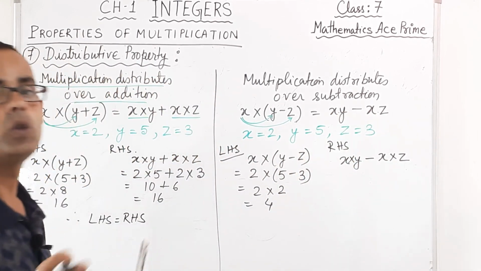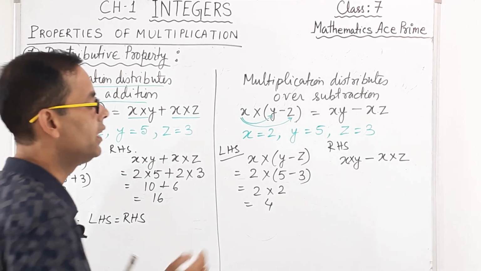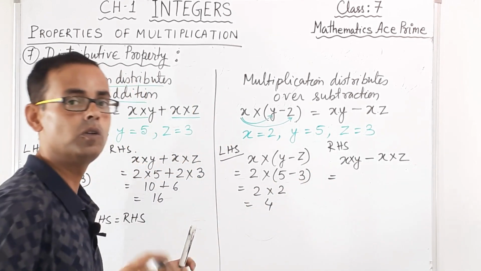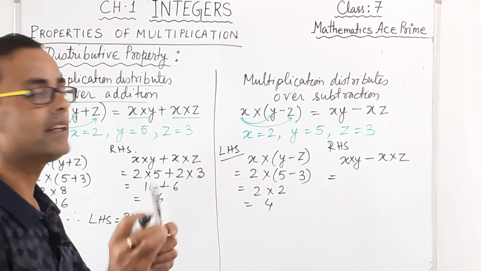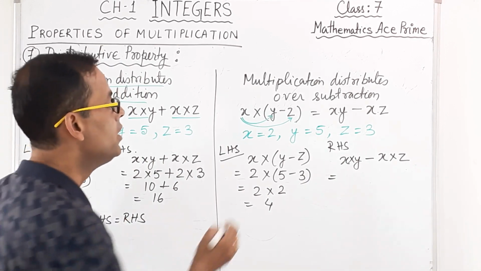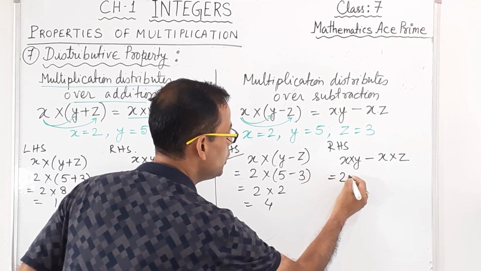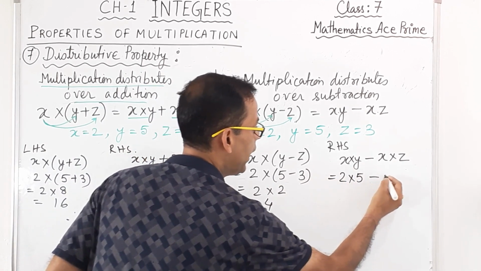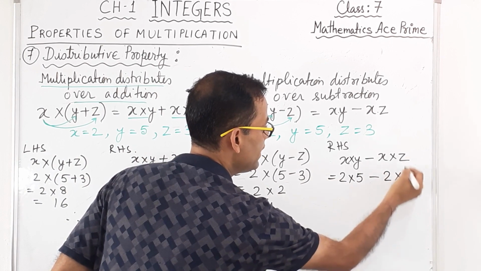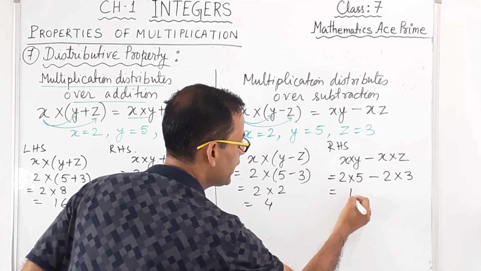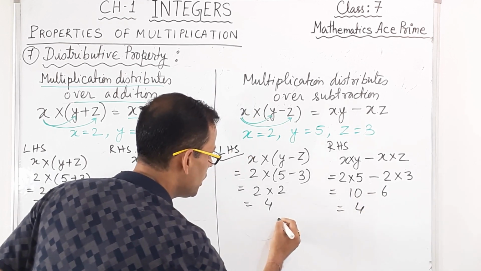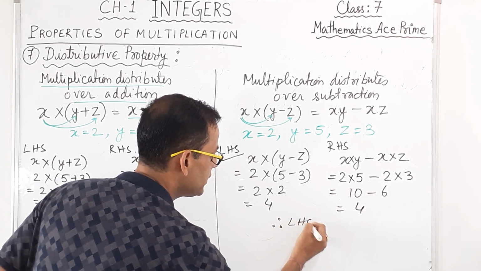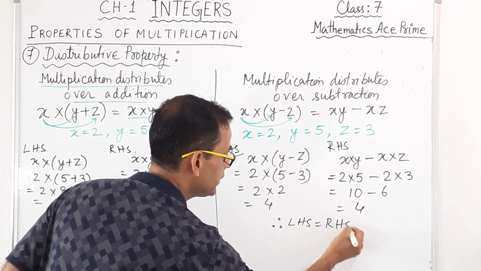So x into y we can say xy also. Clear? Because afterwards you will be reading xy, yz, xyz. xyz means x into y into z. So now x is 2, y is 5, minus again 2, z is 3. So here comes 10 minus 6. So what do you get? 4. So therefore LHS equals RHS.